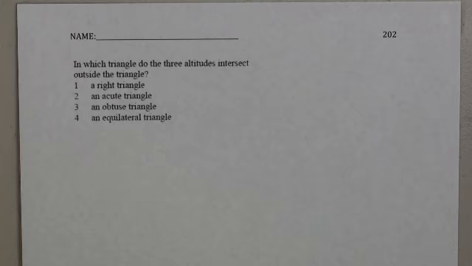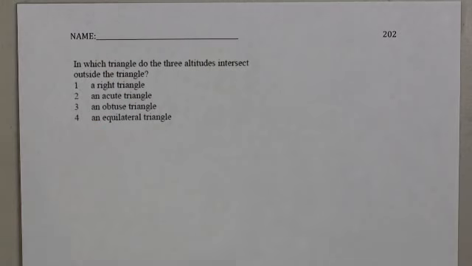Now, let's see. That is actually all the definitions that we'll need for the next problem set. Okay? Alright, this is G.G.21. This will be numbers 202 through 210. So let's see, in which triangle do the three altitudes intersect outside the triangle?